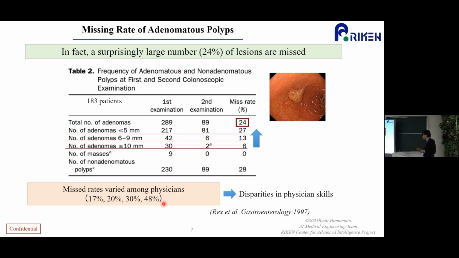Based on the disparities in physicians' skills, you can easily imagine that the physicians' techniques differ, which significantly affects the QOL of the patient. That's the reason we'd like to standardize medicine using this kind of medical artificial intelligence.